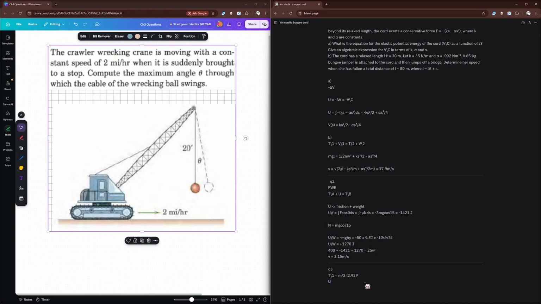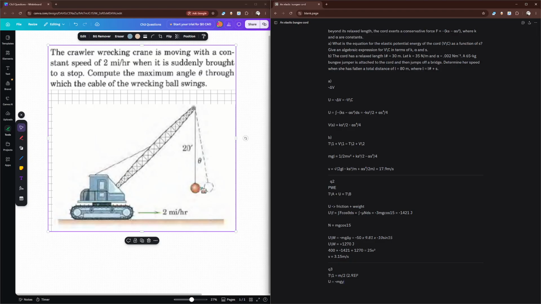Oh, we need to find U to do this. So we have work done by gravity for U, which is equal to, again, negative mg delta y, and delta y we can just call y. If you look at theta here, it moves like this, right?